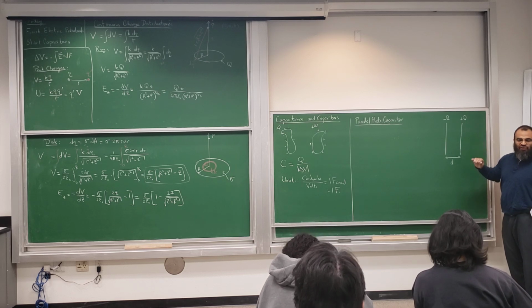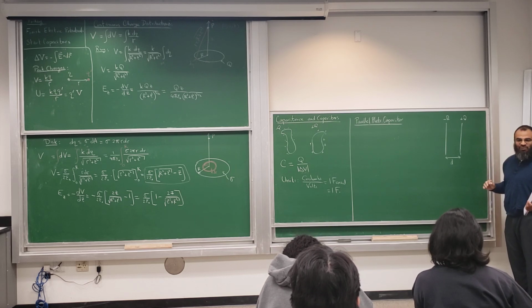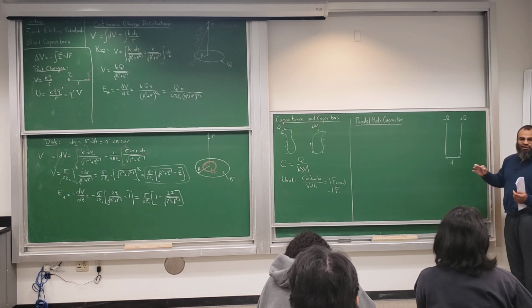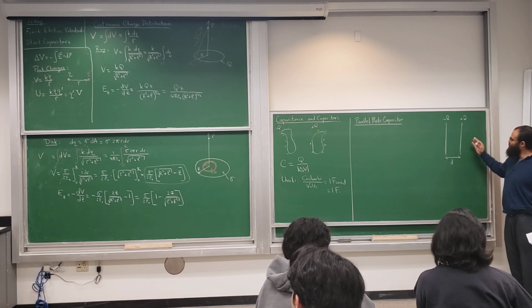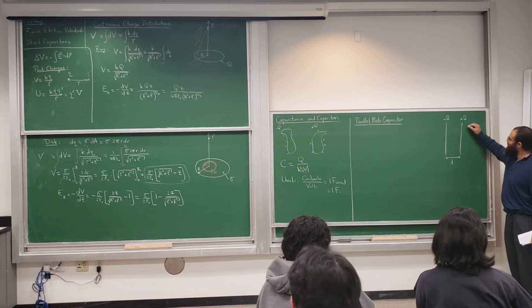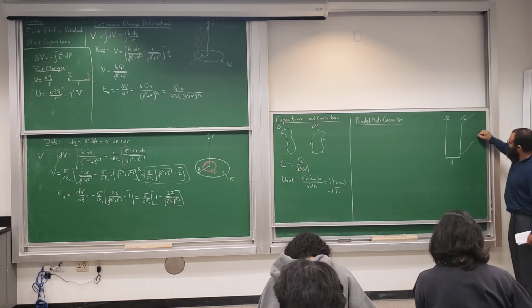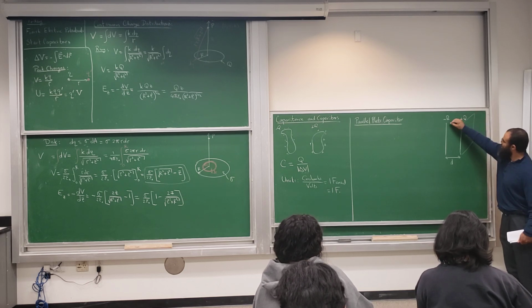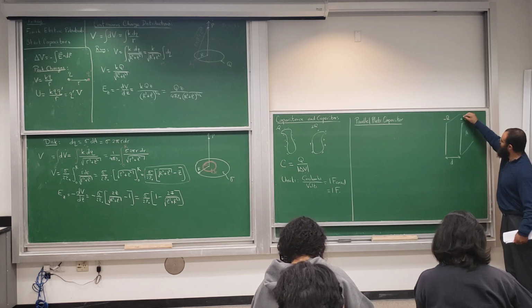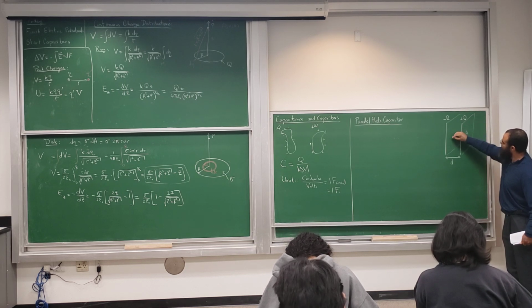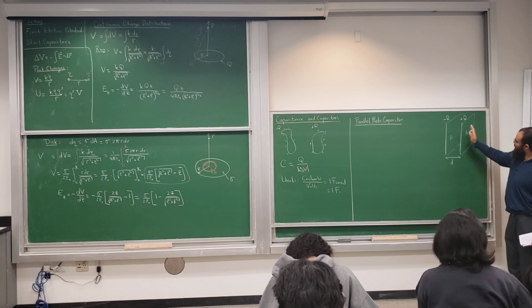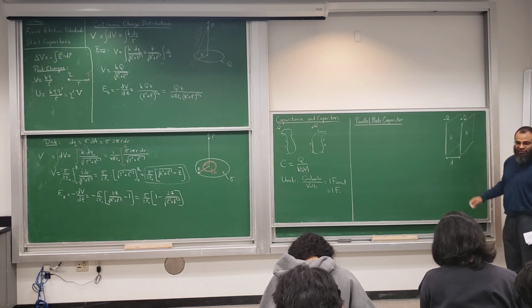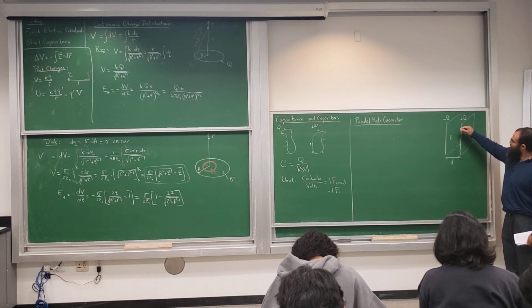In principle, it's a device, so they can't be infinite. But we would assume they are large enough that we can assume the field between them is uniform. So this is the area A, and this one also has an area A, right? So the area of each plate is A, and the distance between them is d, and they have charge.